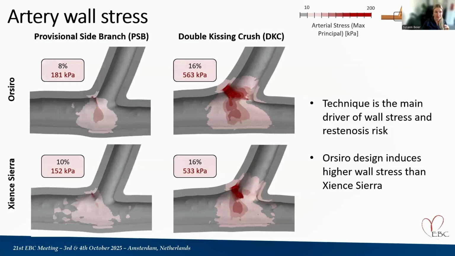What that means is that technique is a main driver of wall stress and restenosis, and that the stent platform for the double kissing crush doesn't matter so much, with Ozyro introducing higher wall stresses.